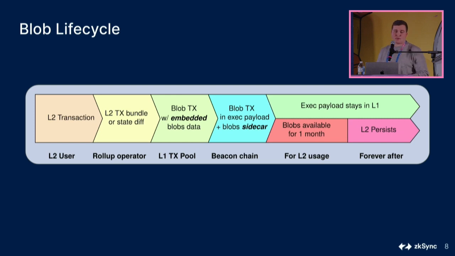Once in the layer 1 mempool, it gets split into the execution layer payload and the consensus layer payload, with blobs only being available on the consensus layer payload. On the execution layer, we get a commitment to the blob, and that's how we can ensure we know what data is in there. It's the same data that we assume, and it'll help us reason about it in the future.